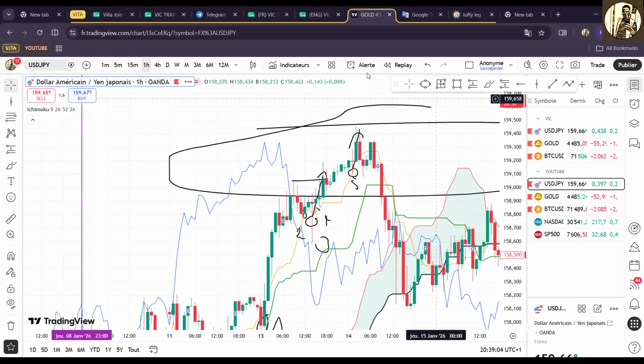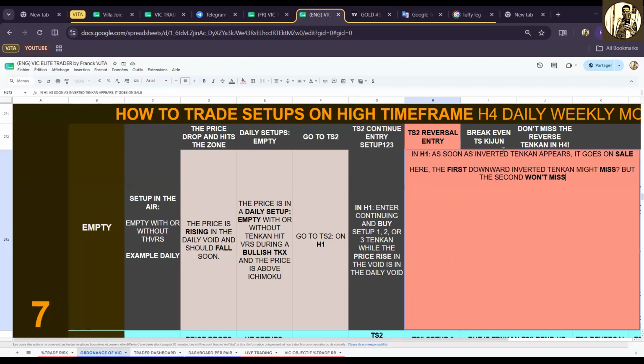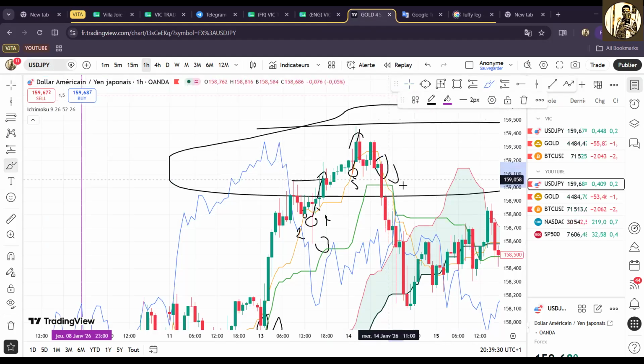But the moment that you will sell this market will be when you see an inverted Tenkan. This inverted Tenkan, you sell the market when you see in H1 the inverted Tenkan appear. Then you sell. So as soon as you see the inverted Tenkan, then you can sell.